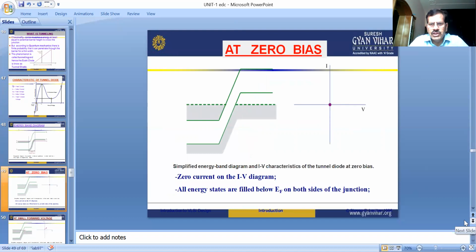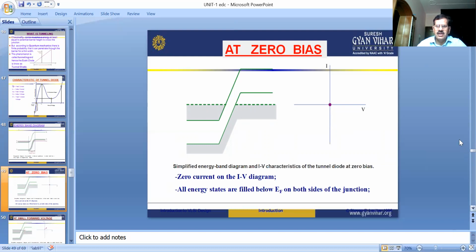At zero bias condition, when we apply zero voltage across any PN junction diode or PN junction device, this is the simplified energy band diagram and VI characteristics of the tunnel diode at zero bias. Zero current on the VI diagram.